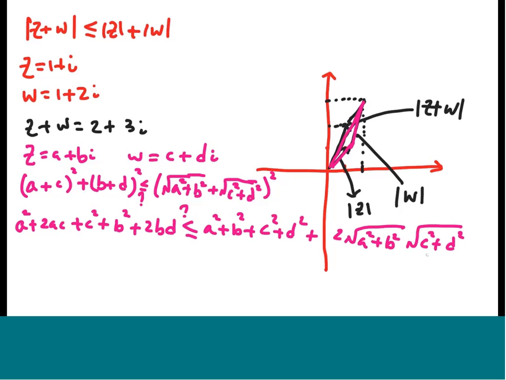Right? So you don't want this. Hey, am I missing one? C squared, D squared, missing D squared. So really, you want to prove AC plus BD is less than the square root of A squared plus B squared times the square root of C squared plus D squared.